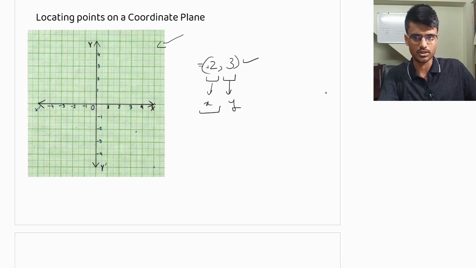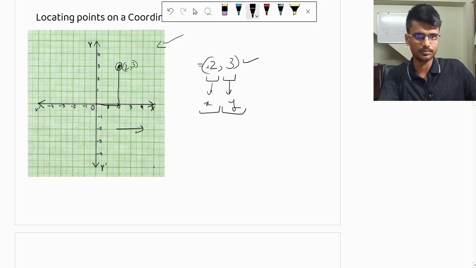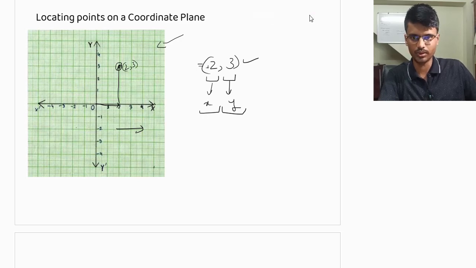So in the positive direction we will go 2 units. We'll come here, right? This is our 2. And 3 units in the y direction. So I'll go 3 units in the y direction. This is my point. This is (2, 3). This is how you do it.